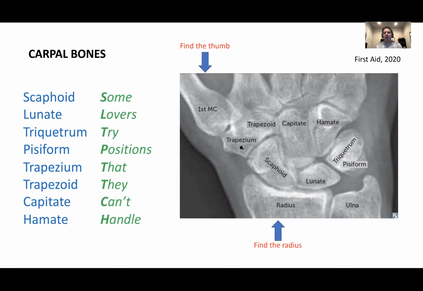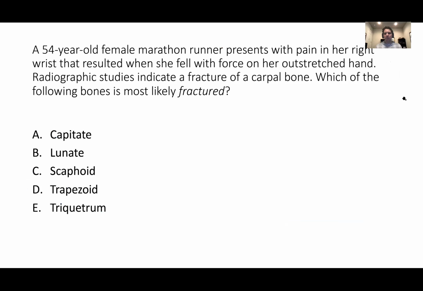If that helps you, primarily you really just need to know 2 of these. We have questions on them coming up. But if this helps you remember, just remember the order, because you have to go thumb side proximal, 1, 2, 3, 4. Now you go back to thumb side distal, 1, 2, 3, 4, right? Okay, cool. All right, try this one. High yield, definitely will be on the exam. They love this.